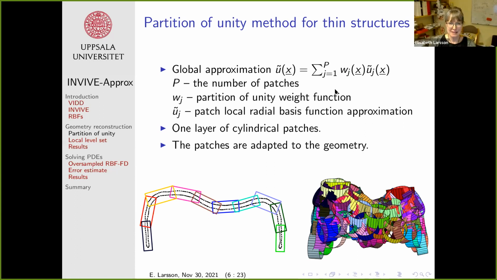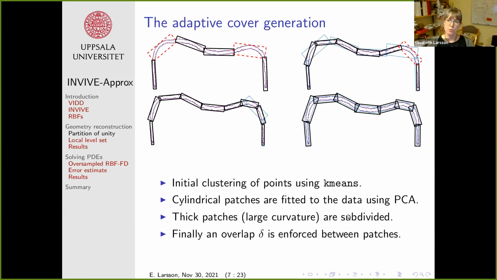And all right, so we use one layer of patches, and this is of course because we have this special feature that we have a very thin geometry. Otherwise we could use several layers, or it wouldn't even be layers. And we adapt the patches to the geometry. So actually we use geometrically based adaptivity, or a kind of subdivision scheme perhaps.